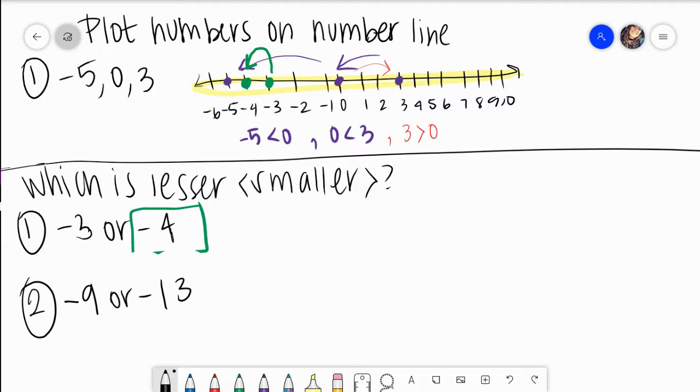The larger the number is, the more you're getting smaller. Basically, the more you're going to the left of your number line. So you're getting smaller and smaller, further and further away from 0, right? So -13 is less than -9.